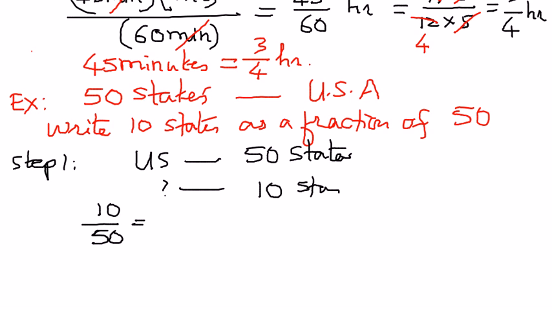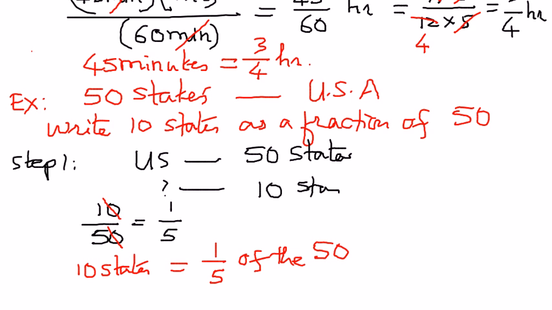Whenever we have numbers ending in zeros, we can cancel them out in the numerator and denominator. So what we're left with is 1 over 5. Therefore the 10 states represent 1/5 of the 50 states we have.